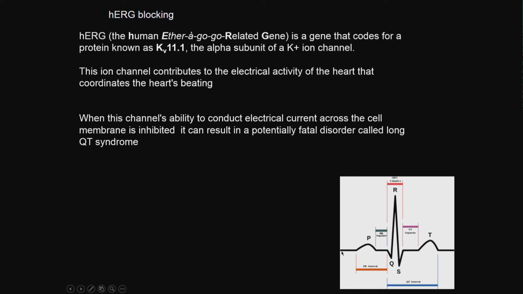If you remember how a typical ECG looks, we have the initial P, then this is called the PR, then it goes down to Q, then R is high, and then again it goes down to S, then this is called T. Sometimes this gets extended, that is called extended QT syndrome, long QT syndrome.